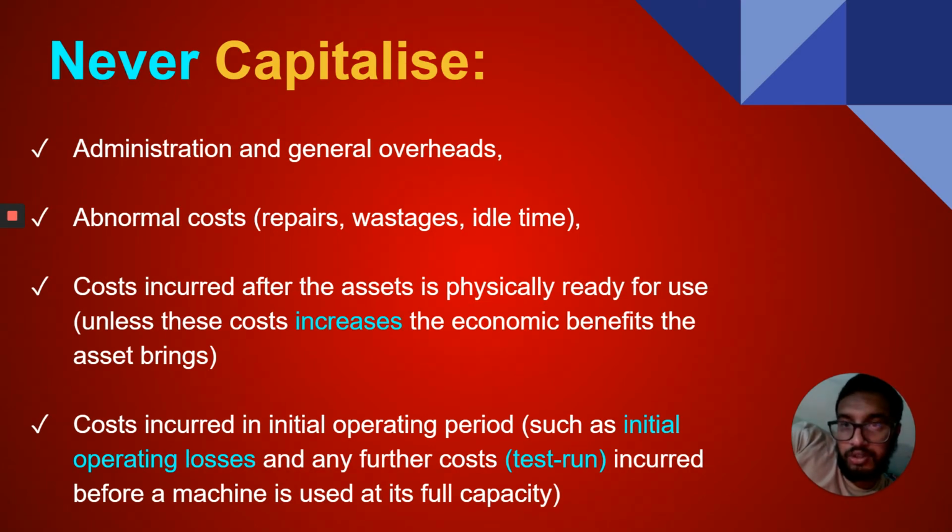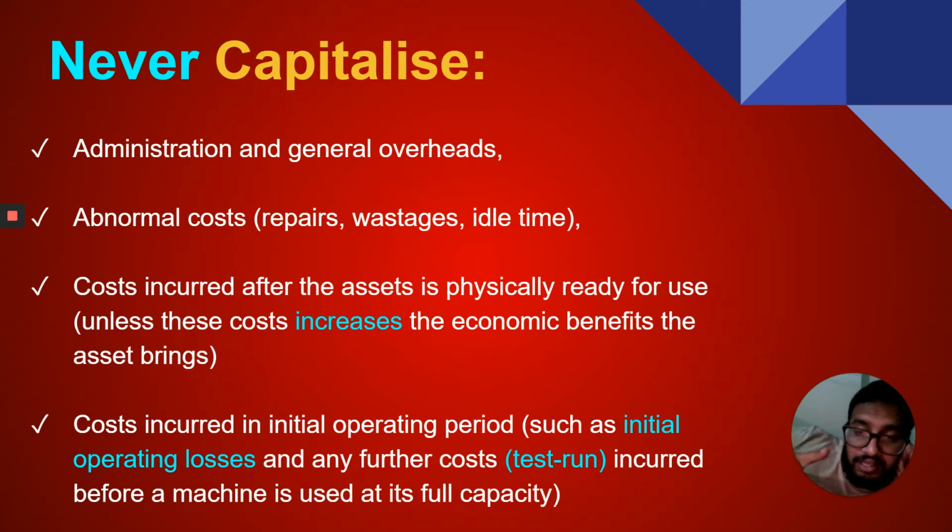So when you're capitalizing, we get confused in normal things, right? Even though these costs are not to be capitalized, people tend to capitalize them just for the sake of being easy. Okay, so the costs that we should never capitalize are administrative and general overheads.